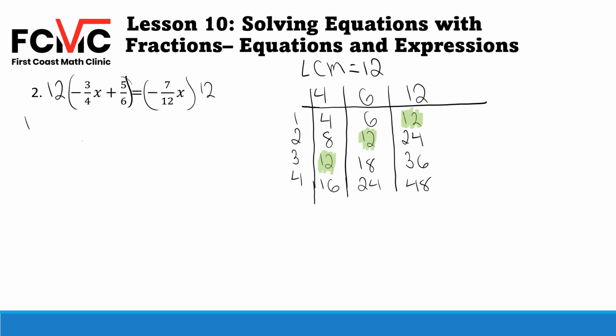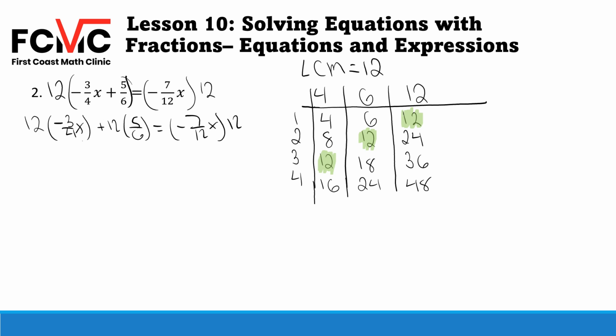So I'm going to have 12 times negative 3/4 x plus 12 times 5/6, excuse me, equals, and then we've got negative 7/12 x times 12.